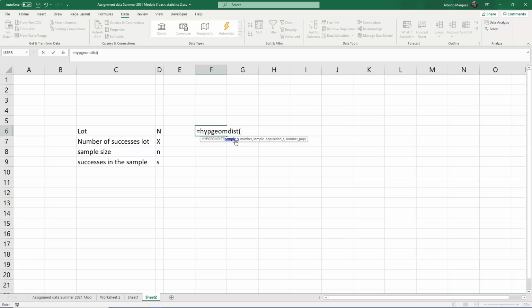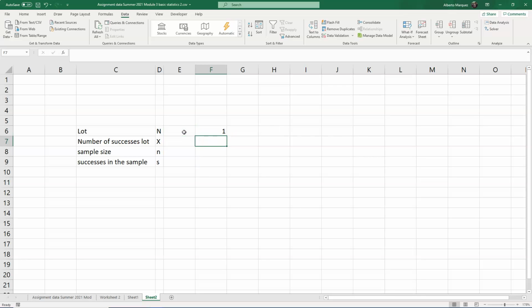The first one is the sample successes, so that would be this cell. Then the number in the sample, that's the sample size, that would be that cell. Then the population successes, and finally the number in the population. So in a way it's going backwards with respect to my logic.